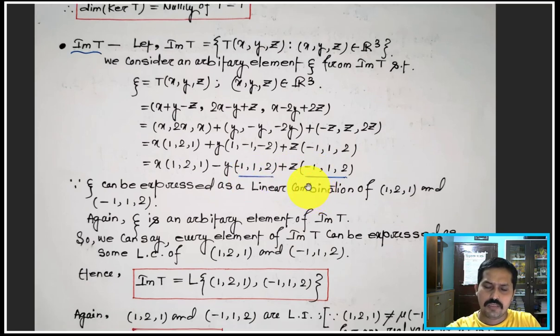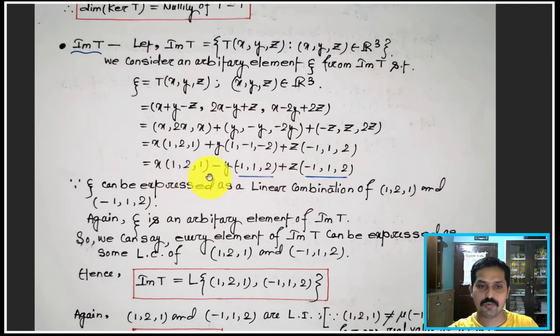Okay, so we can say that xi can be expressed as a linear combination of (1, 2, 1) and (-1, 1, 2). Again, xi is an arbitrary element of Im T. So we can say every element of Im T can be expressed as a linear combination of (1, 2, 1) and (-1, 1, 2).